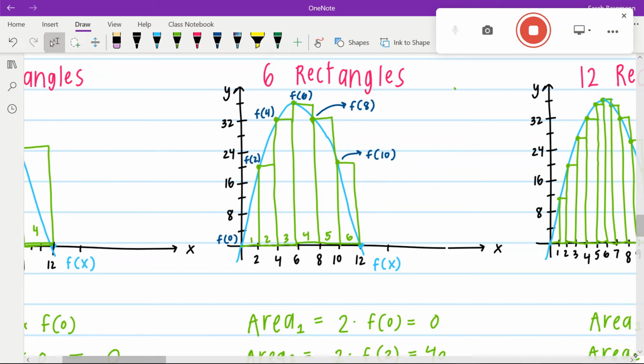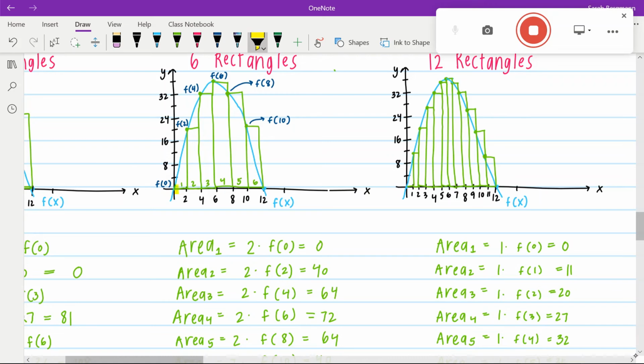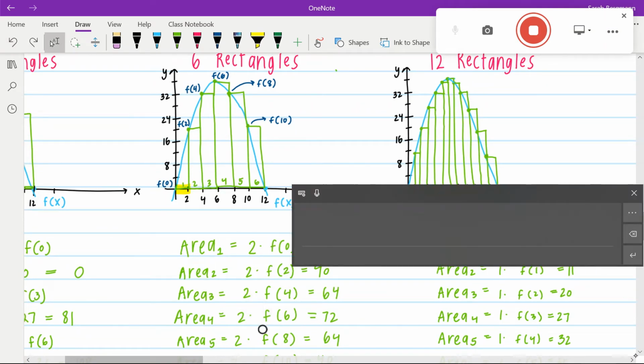Next, let's look at 6 rectangles again. I already did this work for us, but this time we're using the left endpoints. So on the interval from 0 to 2, the left endpoint would be 0. So I get the height of the first by doing f of 0. f of 0 is 0, so this really isn't even a rectangle at all, just like the first practice problem.